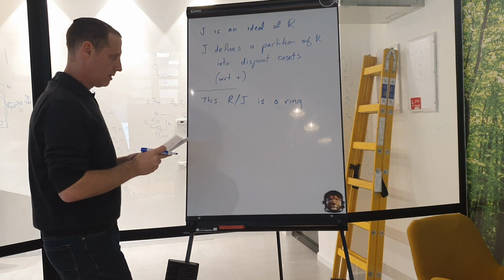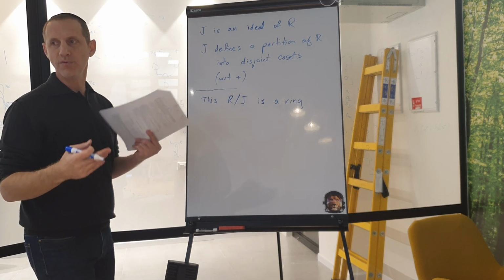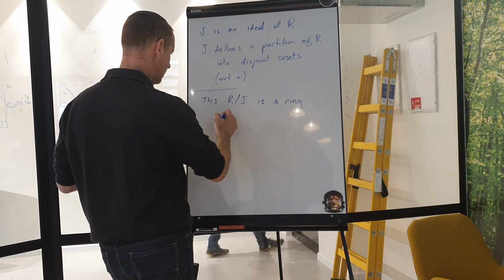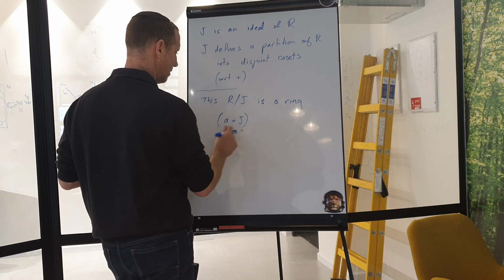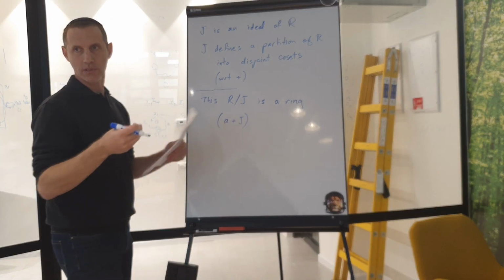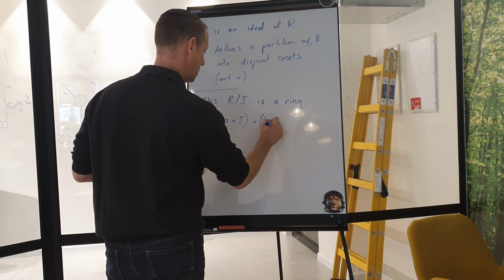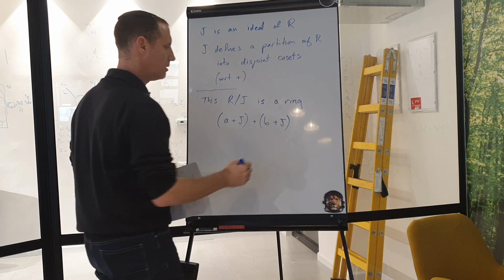How are they defined? And this should, in a sense, be like a review. So if we have A plus J, this would be an element, one of the cosets of the partition. And we add it to B plus J, which is another coset.